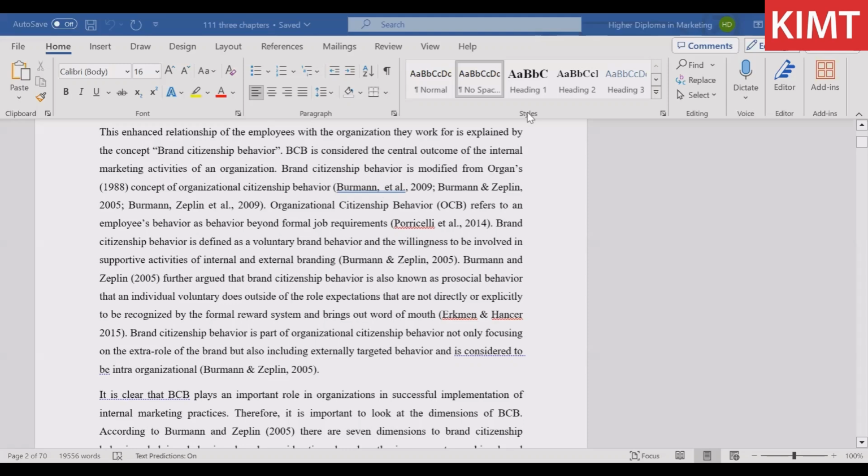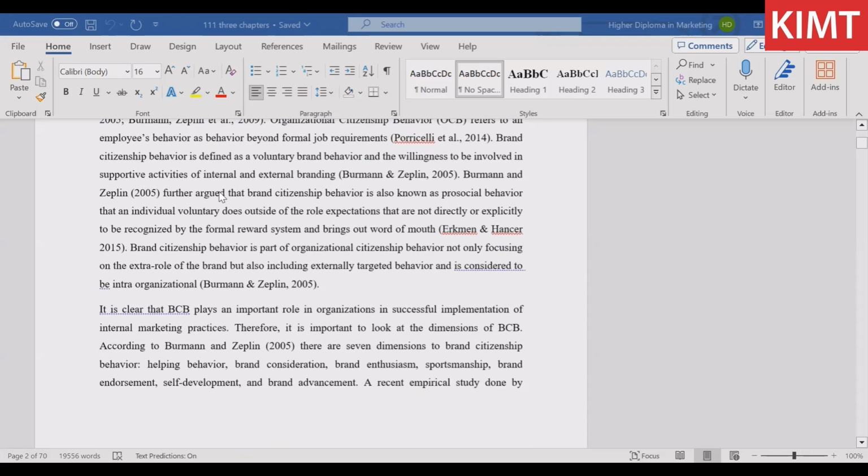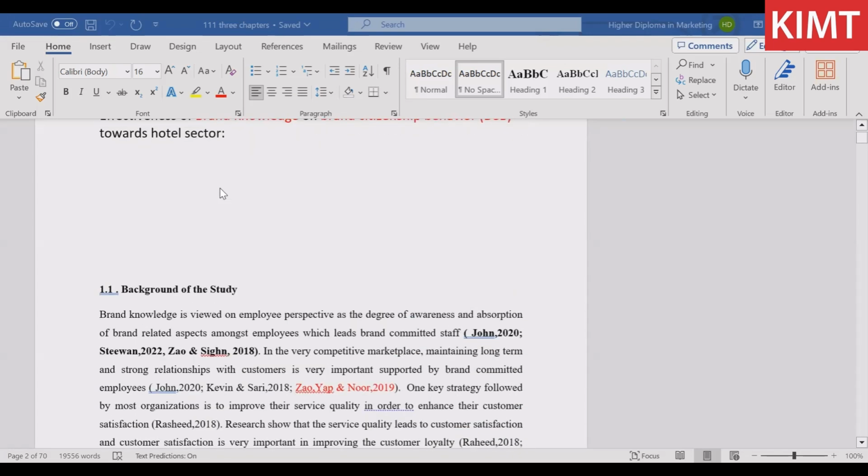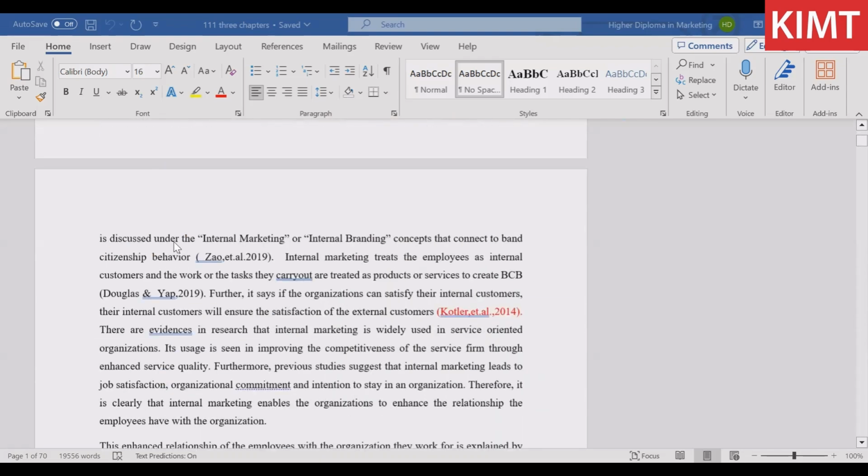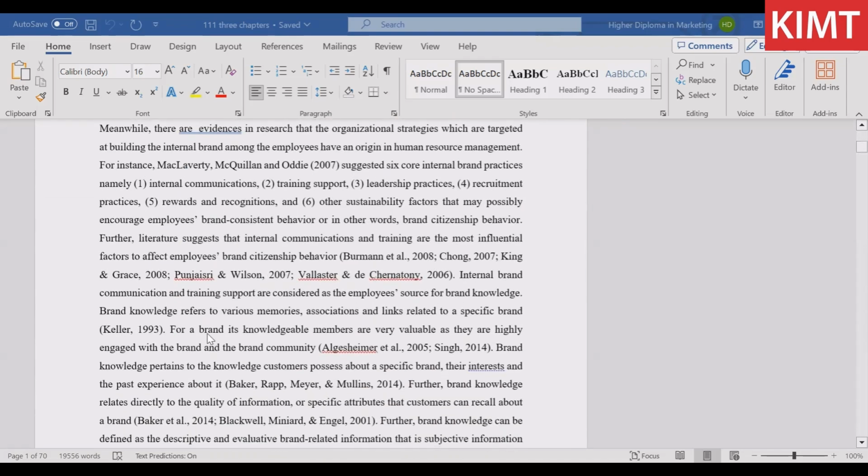Okay, can you see the Word document I shared? Yes. Okay, so this is a comprehensive research proposal, with background and all this stuff available.